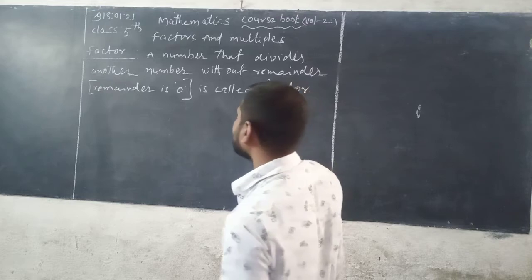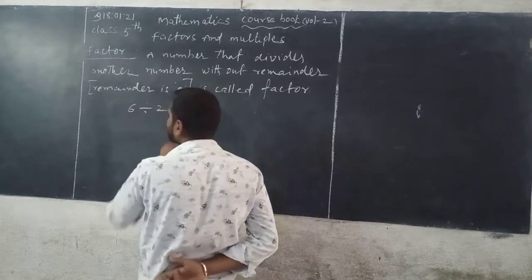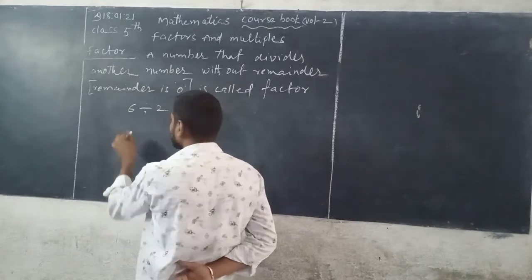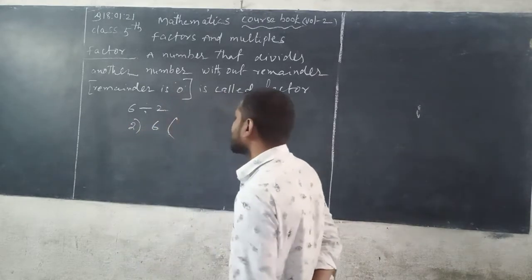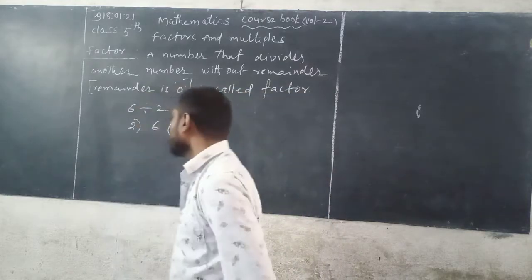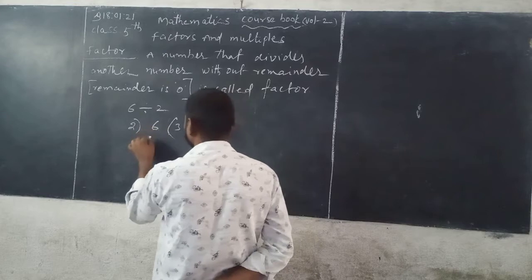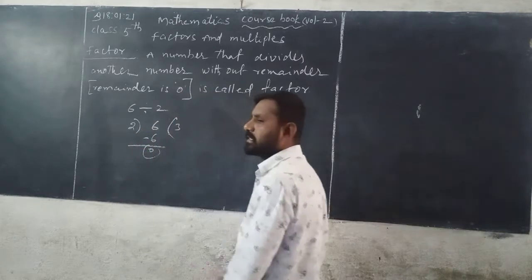For example, 6 is divided by 2. 2 3s are 6. 6 minus 6 you get 0.